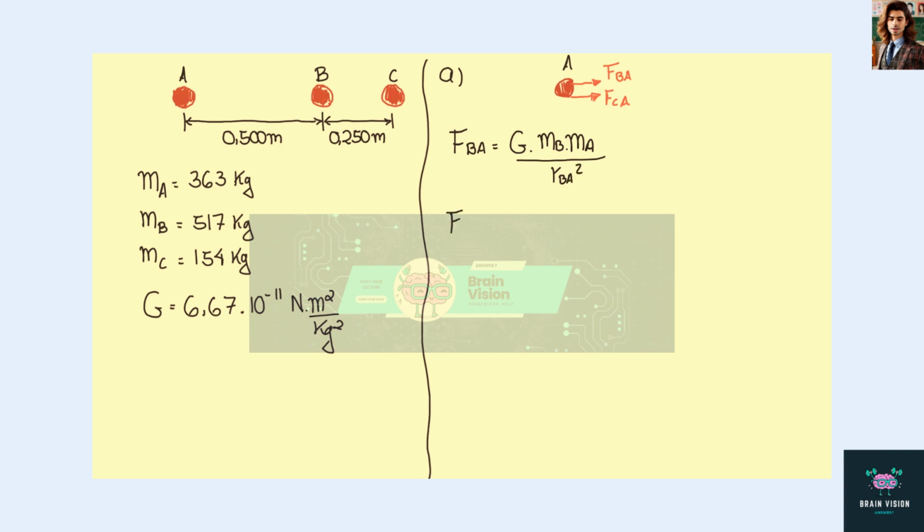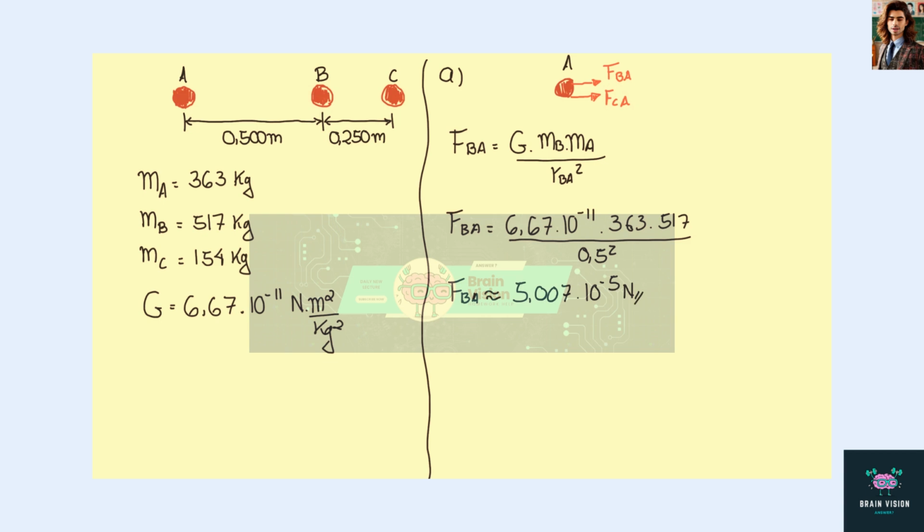Then, plugging in the values that were given in the problem, we get that FBA is equal to 6.67 times 10 to minus 11 times 363, which is the mass of particle A, times 517, which is the mass of particle B, divided by the distance between particles A and B. We can see in the figure that this distance is equal to 0.5 meters. So we have 0.5 squared down here. And this gives us a gravitational force of approximately 5.007 times 10 to minus 5 newtons.